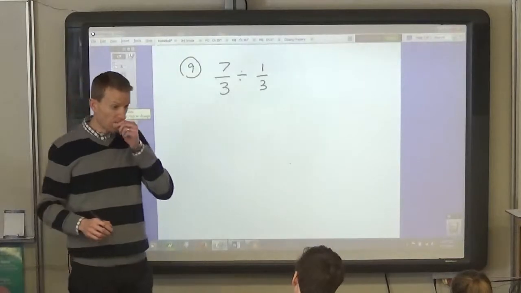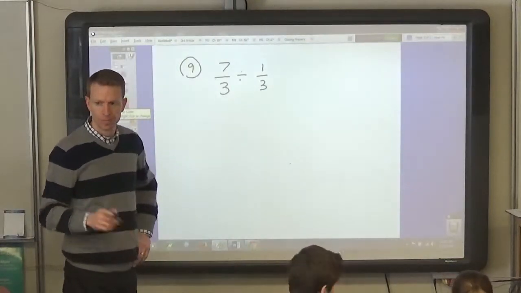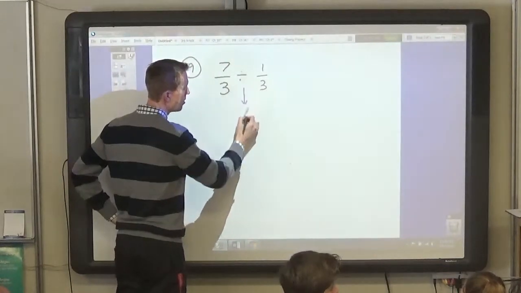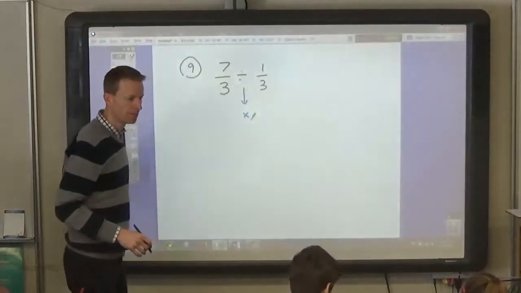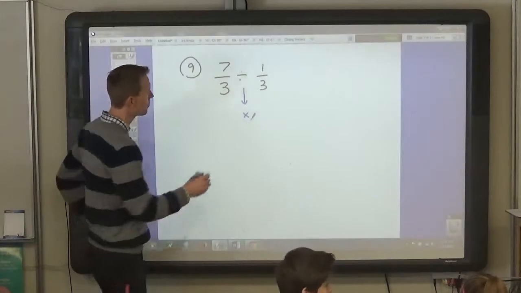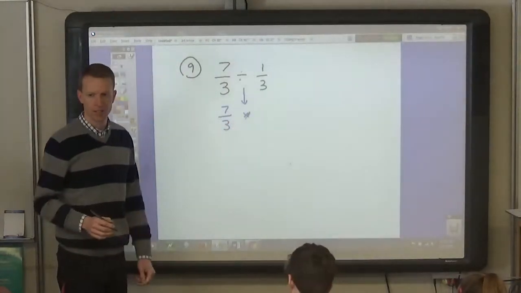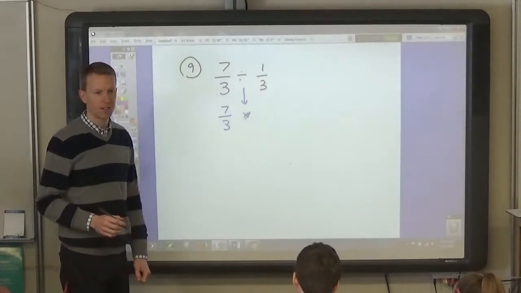What do we have to do first? Change it to times. So we change the division to multiplication. So 7/3 times, then what?